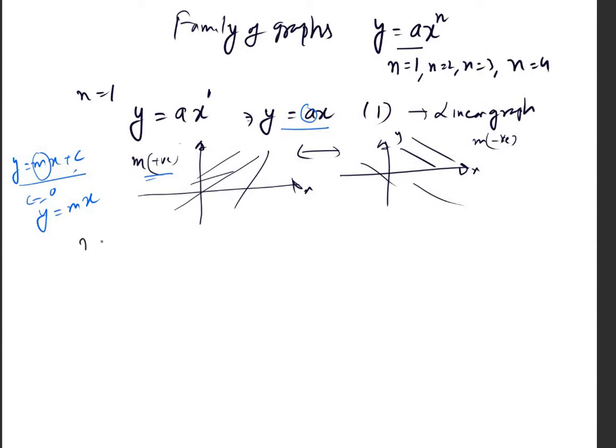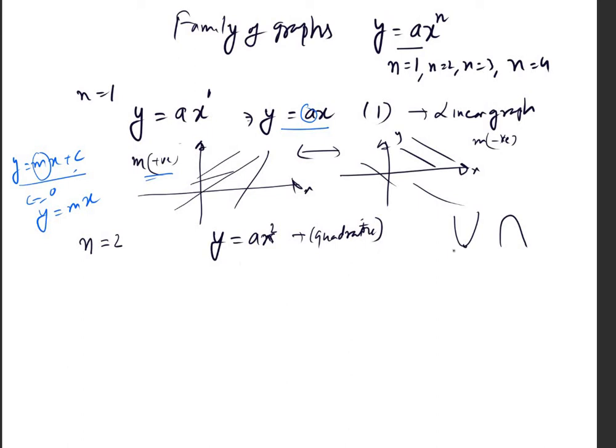Now let's say n equals 2. So what does my graph become? ax to the power of 2. This is a quadratic graph. When the graph is quadratic, you get a parabola, either upside down or downside up, right?